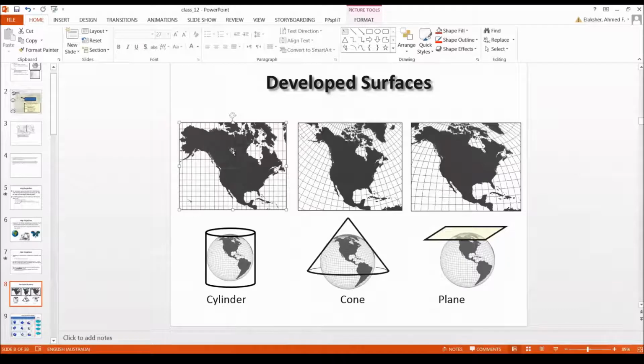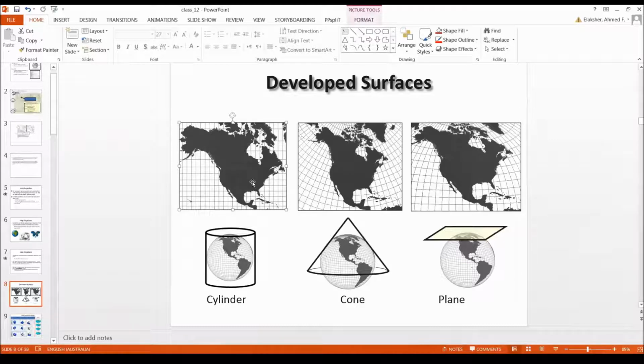You see the latitudes, longitudes. That's really the key here for the success or for the distortion of this map projection. You see the cone here. When you project it to the cone, look at the latitudes, longitudes, how they are converging toward the North Pole. Unlike here, they are parallel.